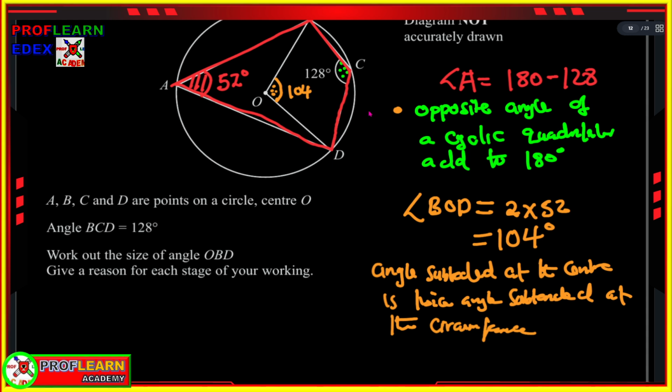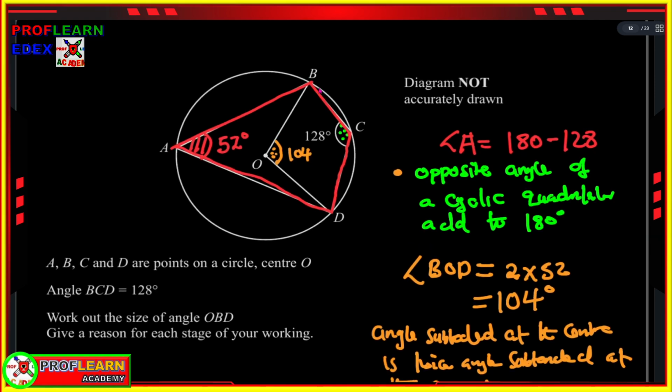Already we have this. Now I want us to draw a line from B to D, using a straight line, like that. With that, we need to remember that this is the radius and this is the radius.